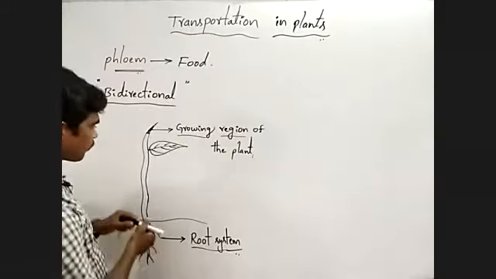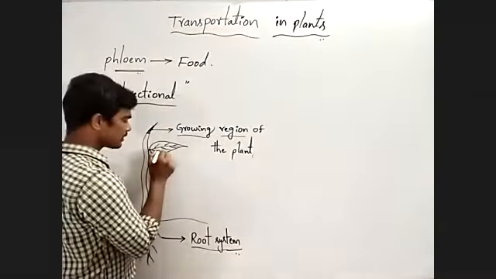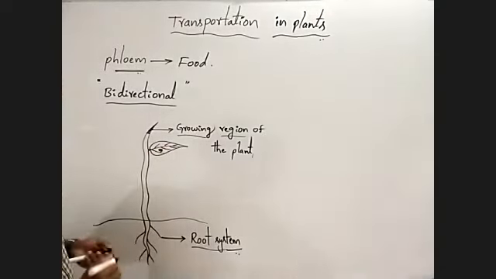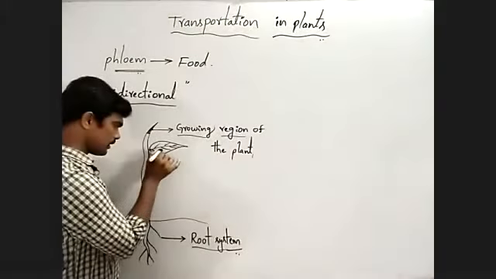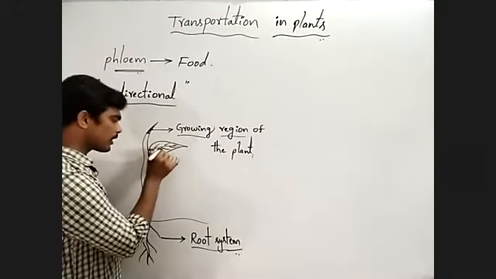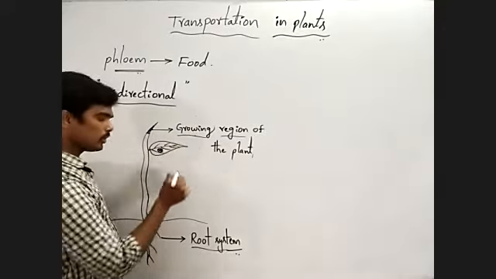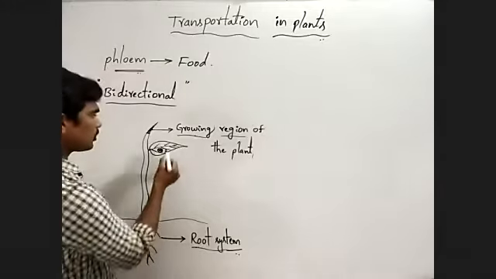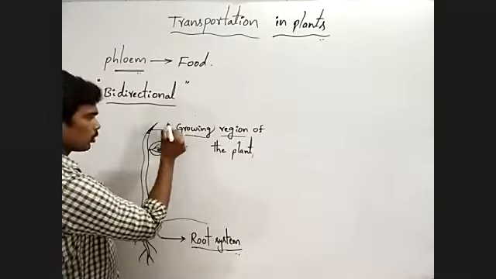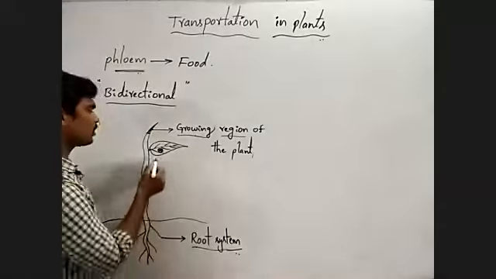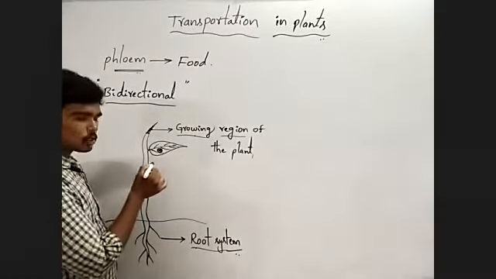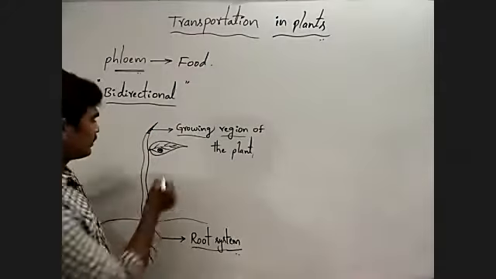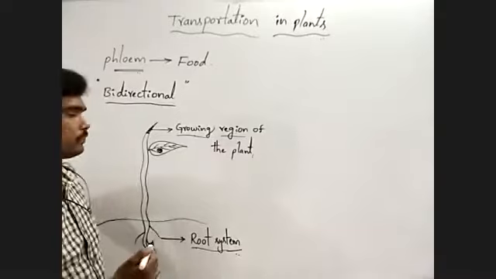Now food material is synthesized in leaves. Already we discussed it. This synthesized food material has to be transported to the growing regions and root system. To reach the growing region, food material has to be transported in the upward direction, like this.